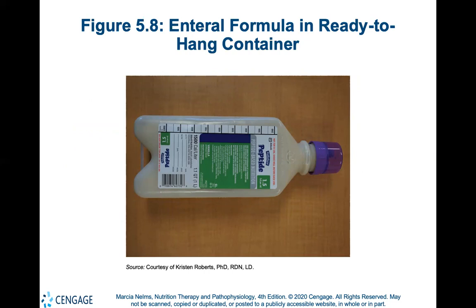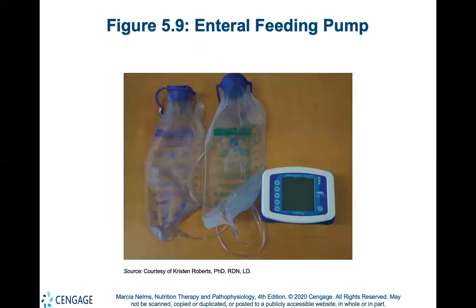This can be found on page 103. The formula in these sterile containers is ready to be delivered to the patient. Figure 5.9, enteral feeding pump. This can be found on page 103. Enteral nutrition delivery is typically regulated by a small programmable feeding pump.